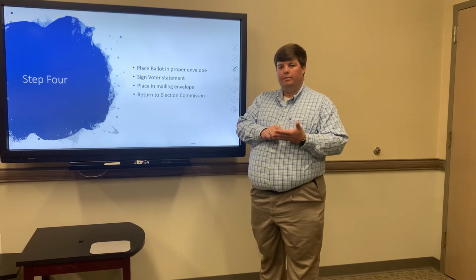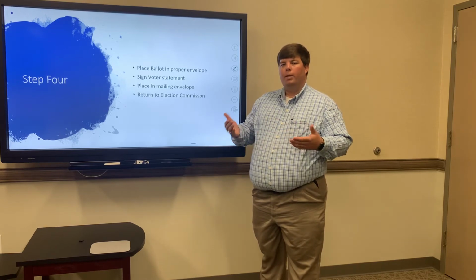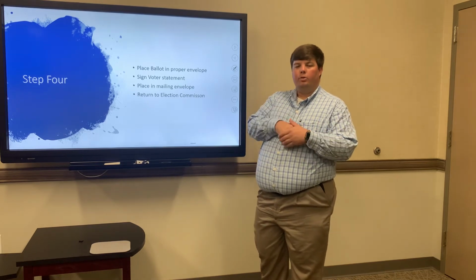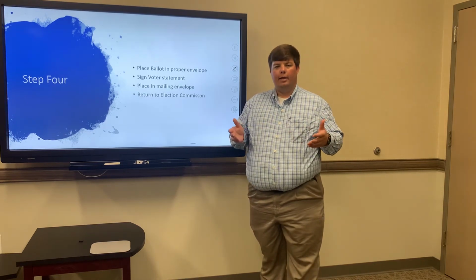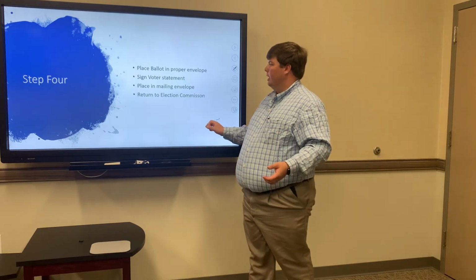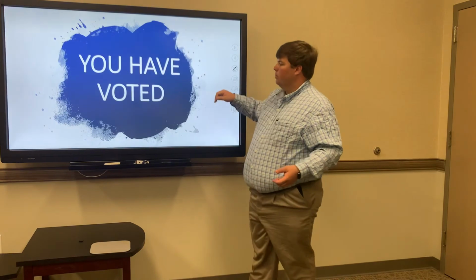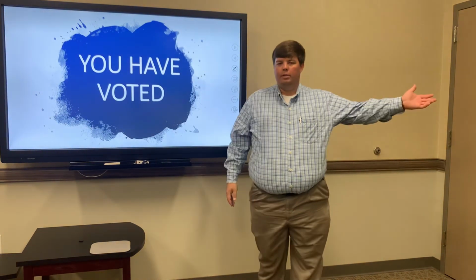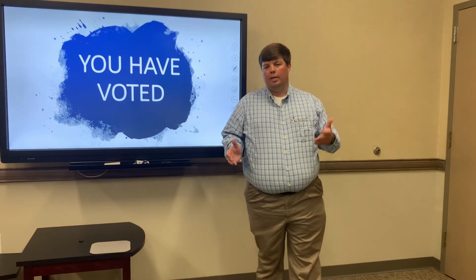You'll sign that in affirmation. You'll then place that inside a larger envelope. You will take that, and it's already pre-addressed, and you will mail that back to your election office, and they will take that and they will save it for election night. So you have now voted, even if it's 3 weeks or a month before the actual election date.